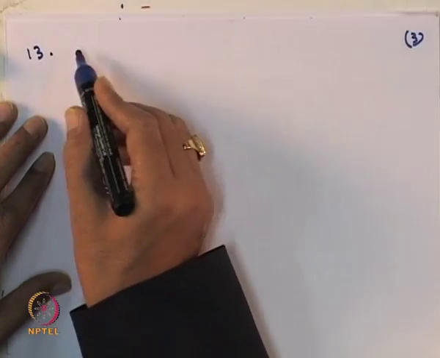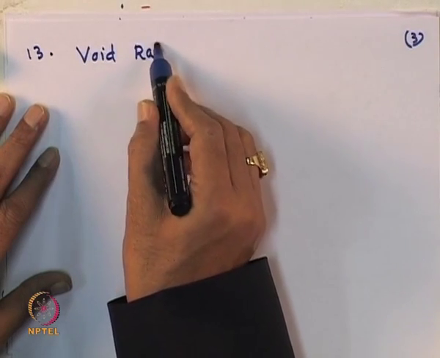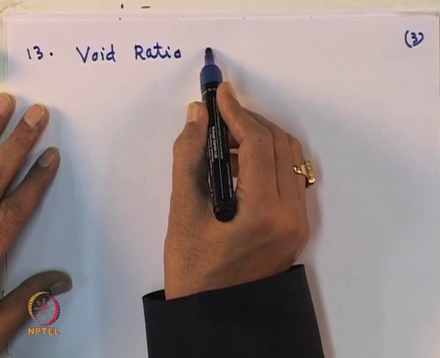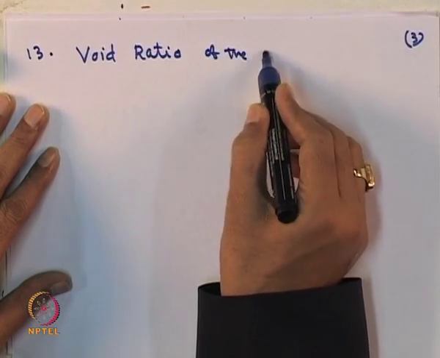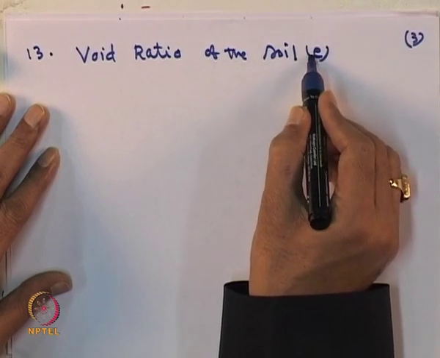Now, you can calculate the void ratio of the soil, that is e.